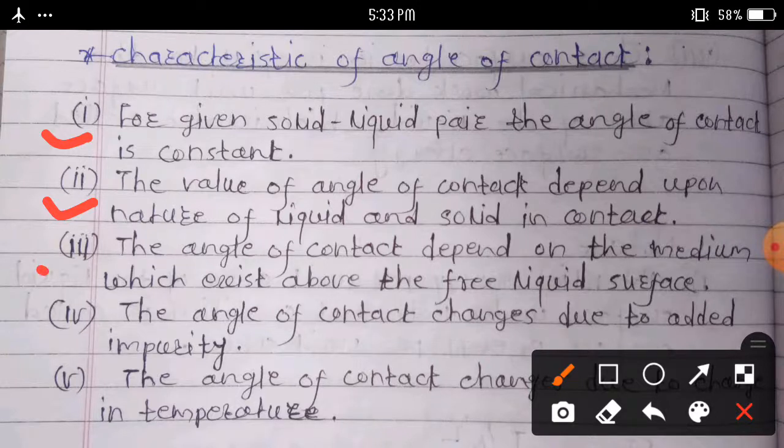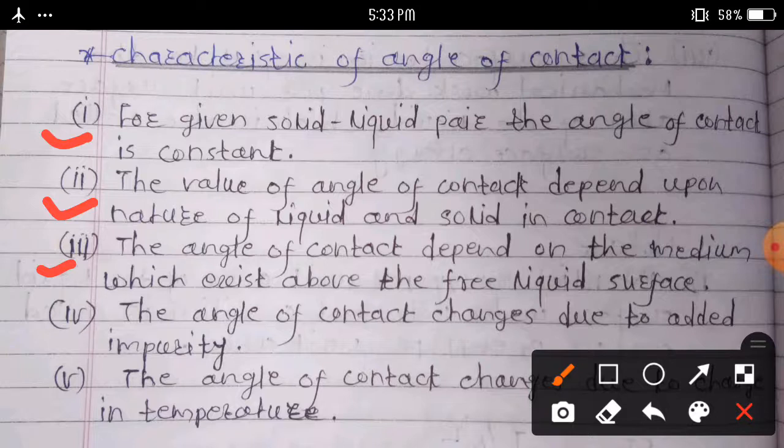Third characteristic: the angle of contact depends on the medium which exists above the free surface of the liquid.